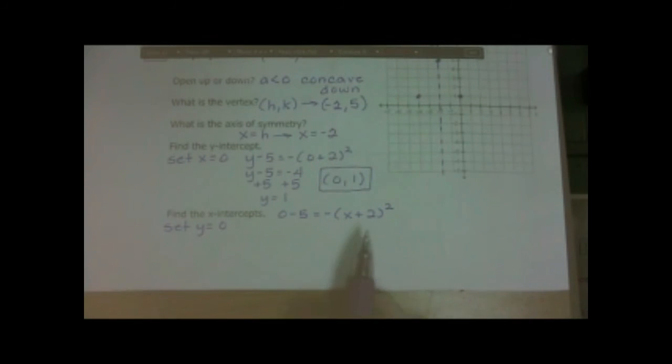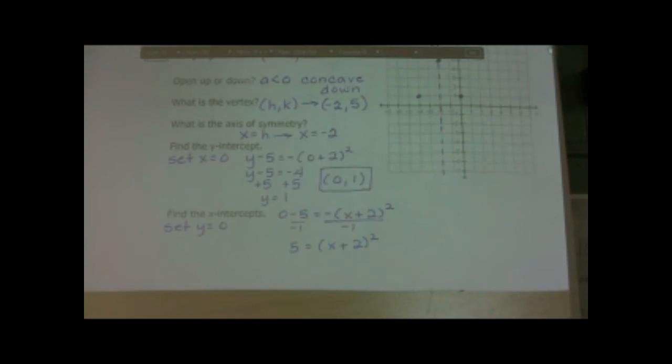All right, what I'm going to do to solve this, and you will find that when you're in vertex form, this is the easiest way to solve this, we're going to go to that completing the square method, and what I want to do is I want this by itself. So I'm going to divide both sides by -1. And I get 5 equals (x plus 2) quantity squared. At this point, take the square root of both sides.